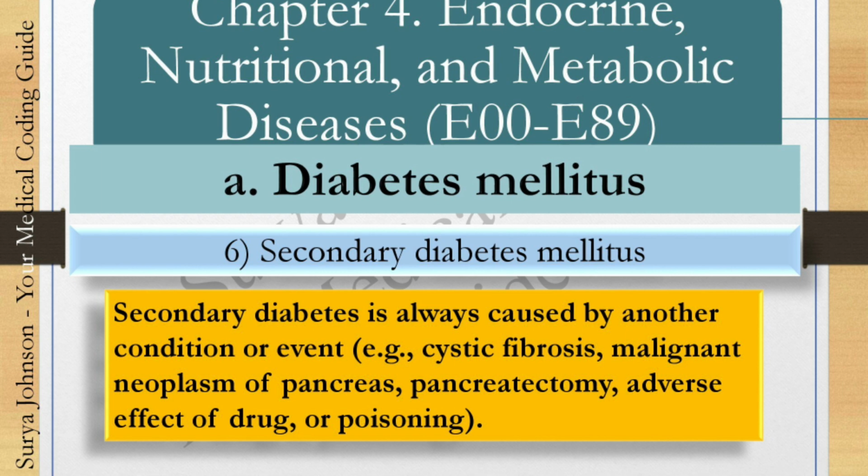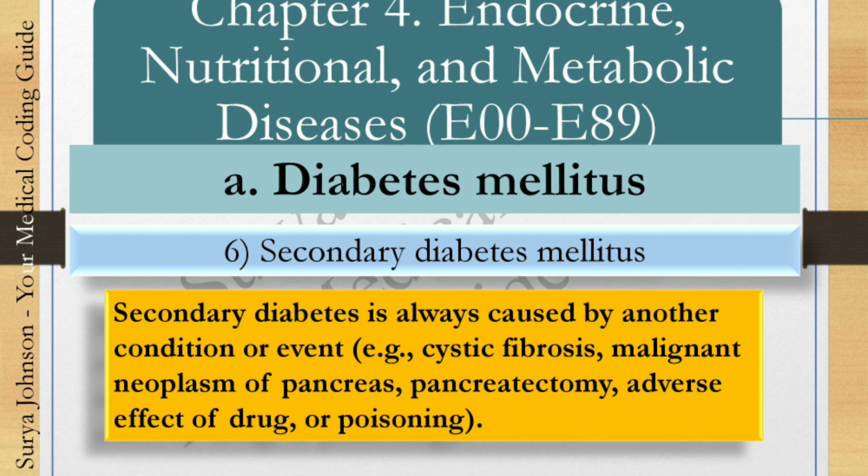So diabetes directly from the lifestyle or hereditary is considered direct diabetes mellitus. Those that are caused by another condition or event are called secondary diabetes. So when coding secondary diabetes, you should always look for the causal reason for this secondary diabetes to occur. That is the main point you should remember.